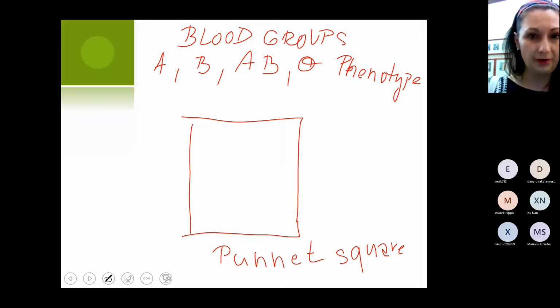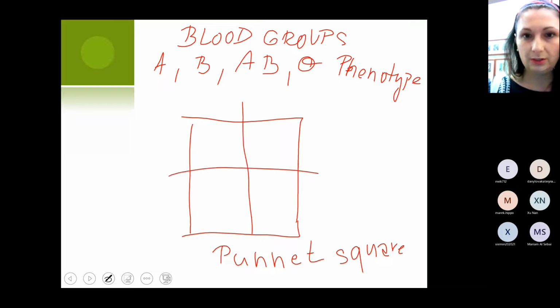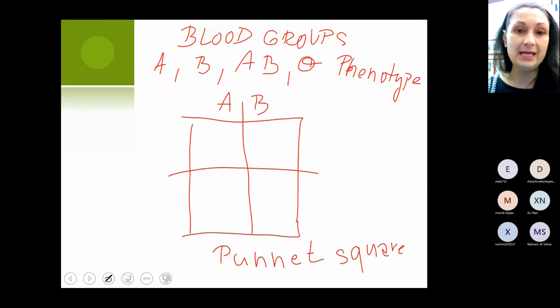Everyone has two parents, father and mother, it doesn't matter which one. For example, our father has blood group AB, so we can be sure that he has two alleles, A and B. Both of them are dominant.